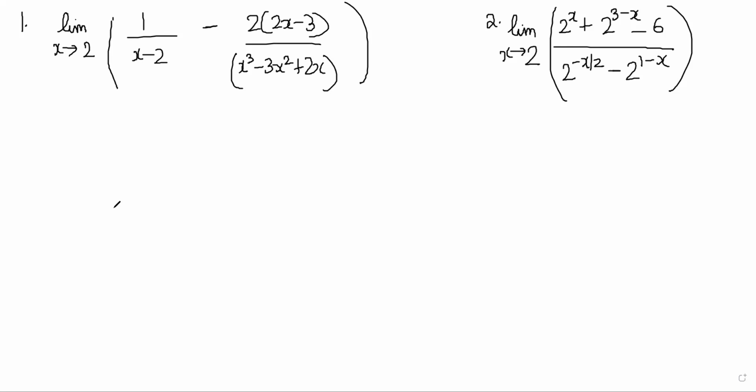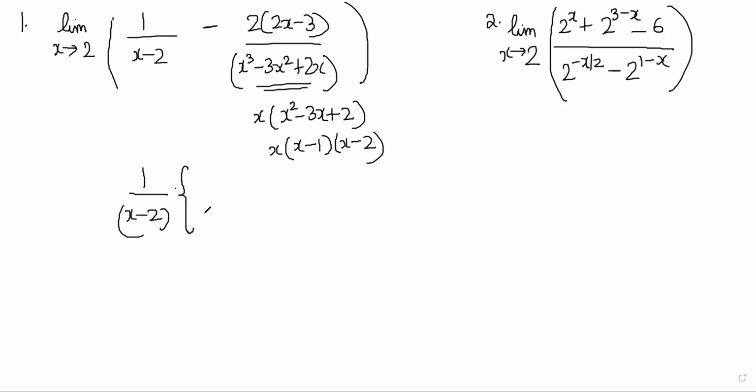The first one, you should try to factor x. This part is easily factorizable. So take the 1 by x minus 2 common and it becomes 1 minus 4x minus 6 by x into x minus 1, right?